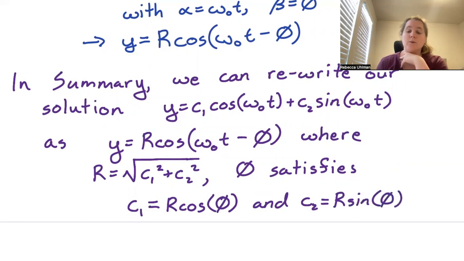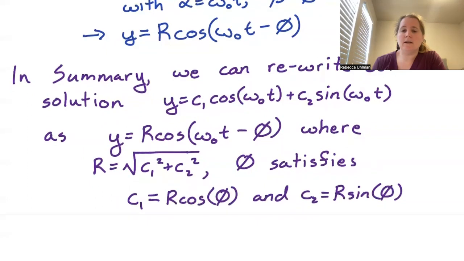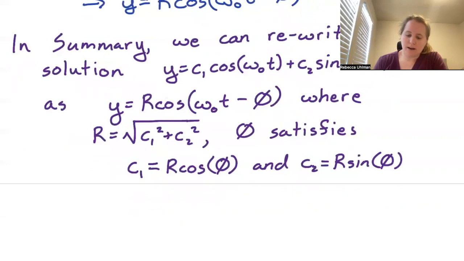You could rearrange both of those, so we have cosine phi equals and sine phi equals. And then we'll pick phi between negative pi and pi.